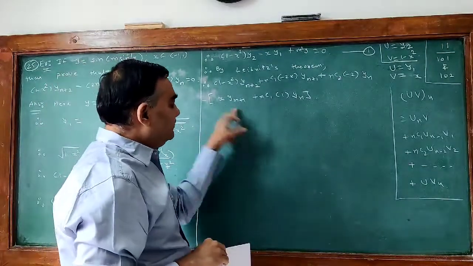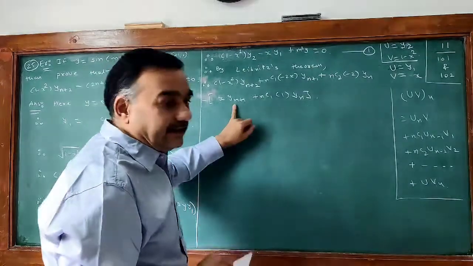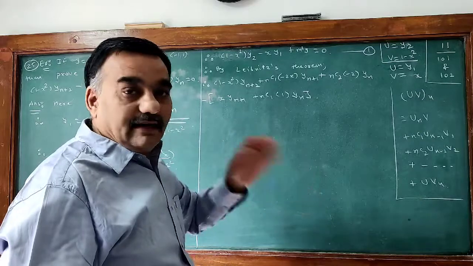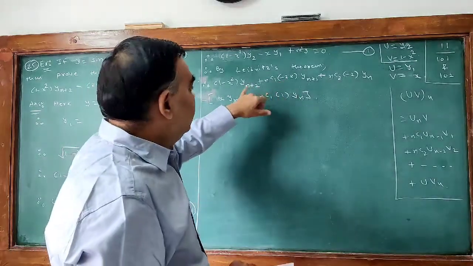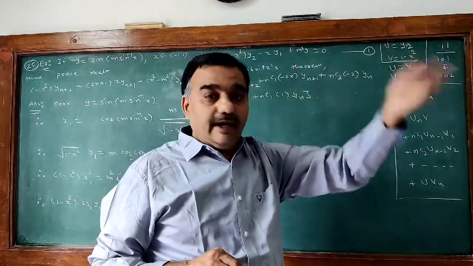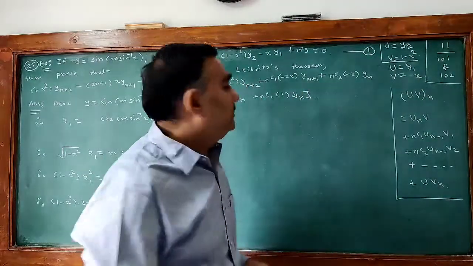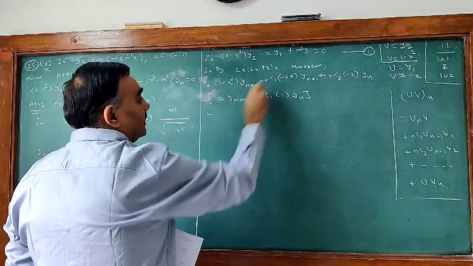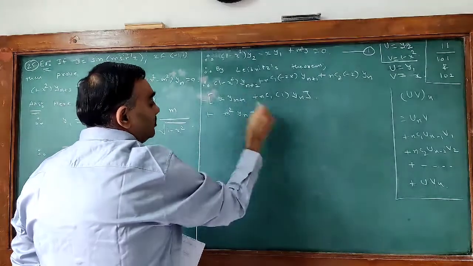This is un, u is y1, un means nth derivative, so y1 is already there, and now its nth derivative is yn plus 1. Then u equal to y2, its nth derivative is yn plus 2, plus the last term n square yn equal to 0.